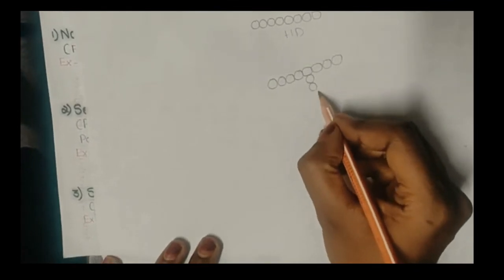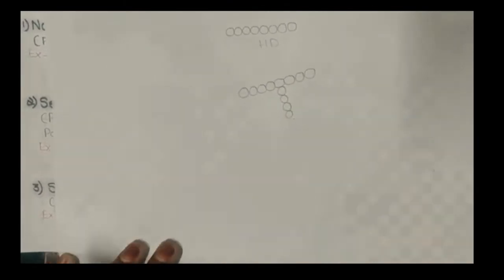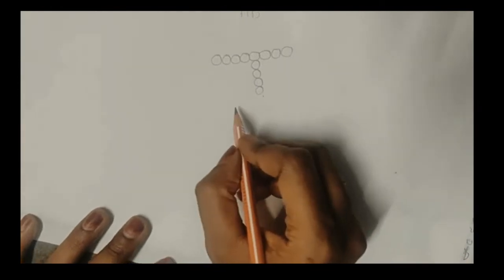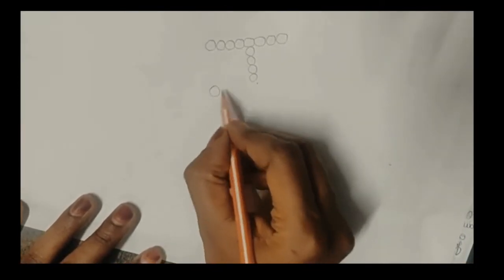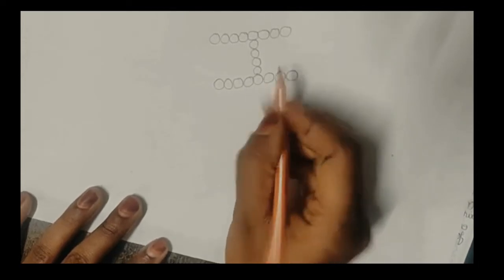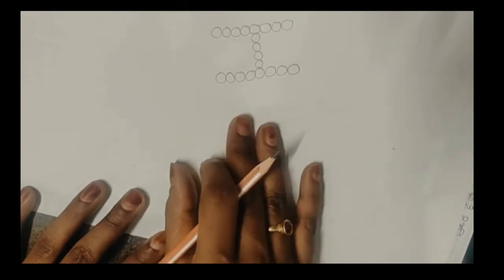Along with the straight chain, it will have branches. Therefore it is called a branched polymer. Whereas in the case of cross-linked polymer, two straight chains will be cross-linked with each other. Then it is called a cross-linked polymer.